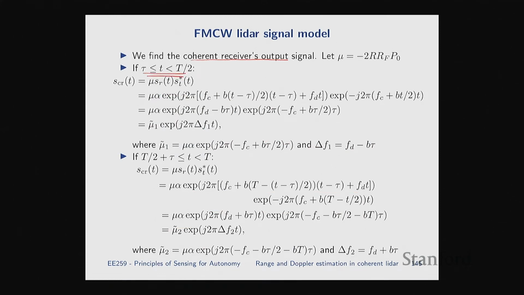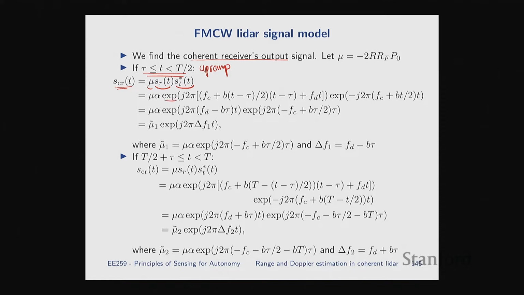Remember, that's the up ramp part of the transmitted and received signals. And what comes out of the coherent receiver is some constant times the received waveform times the conjugate of the transmitted waveform. This is exactly the same as radar, so I'm not going to go over all the steps. We know how this works.